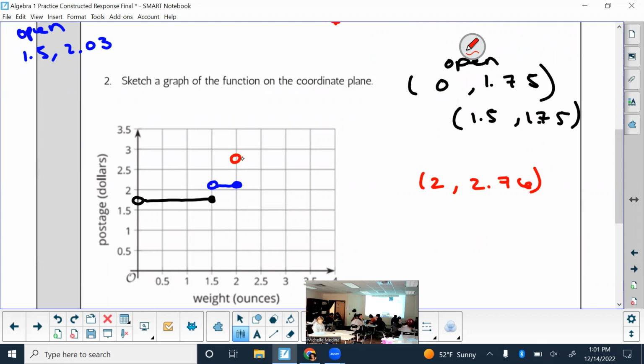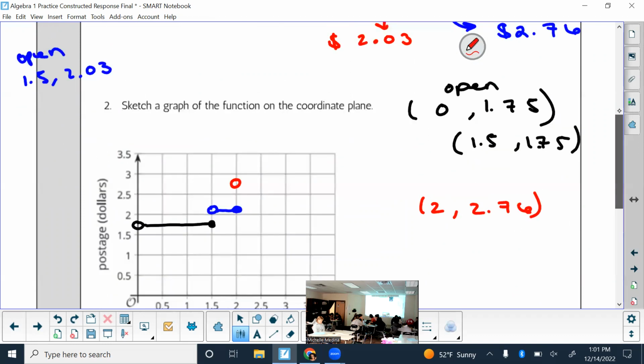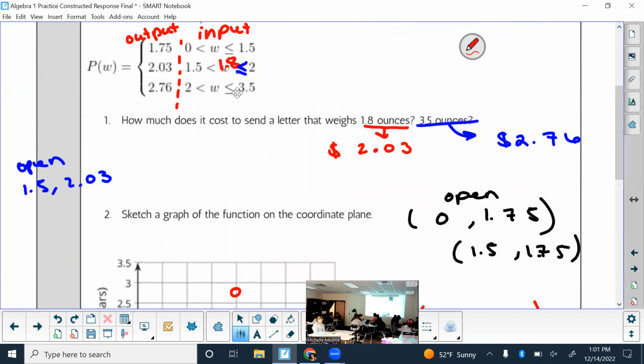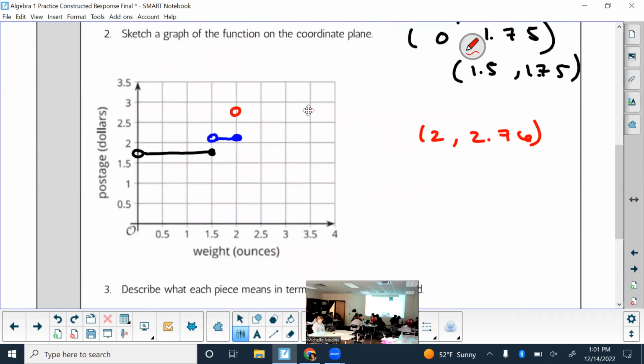And when does it stop costing that much? At the 3.5. And then based on that symbol that's next to the 3.5, I should have a closed circle. And then connect them because in between that it costs the same amount. Good. So they don't have to be equal segments. I think someone said that on their test, like, no, they don't have to be. It just depends on what the rules are.